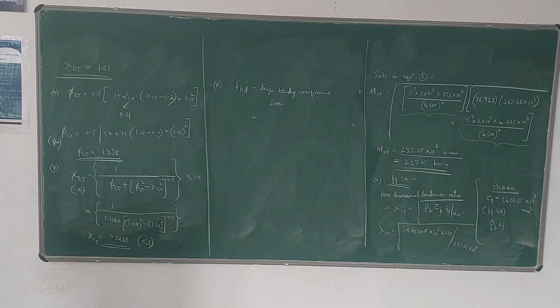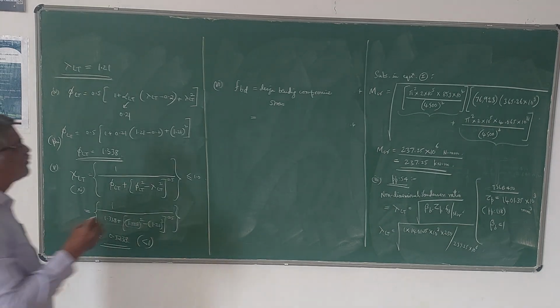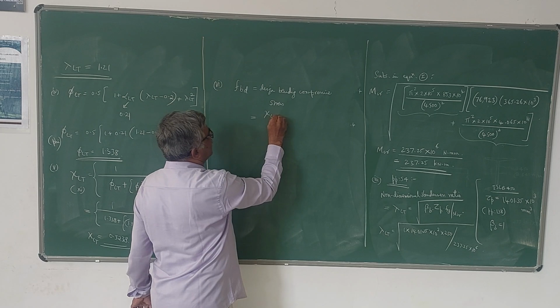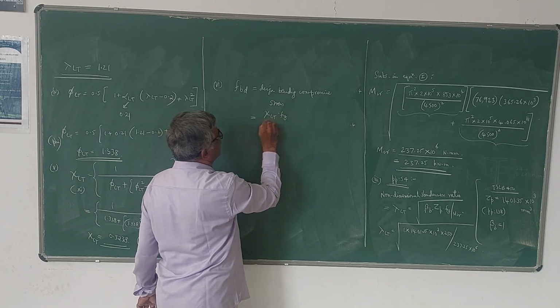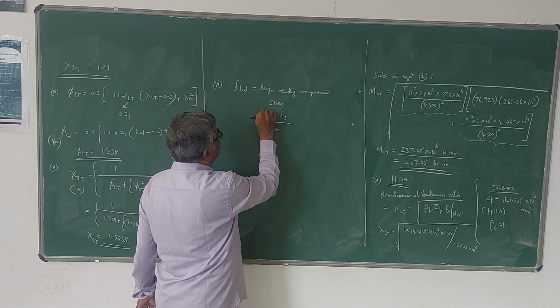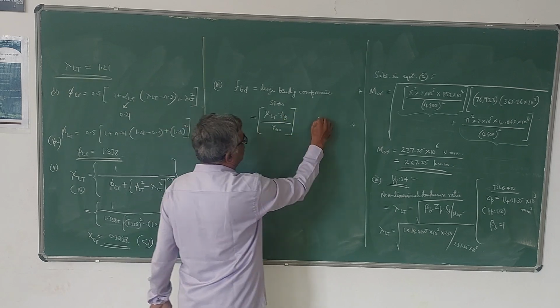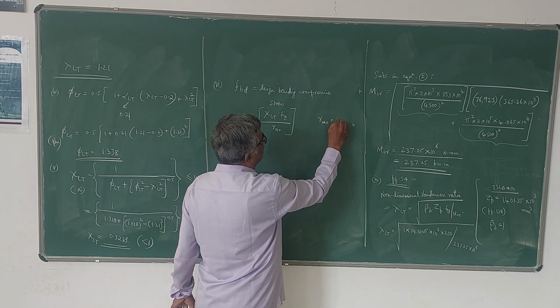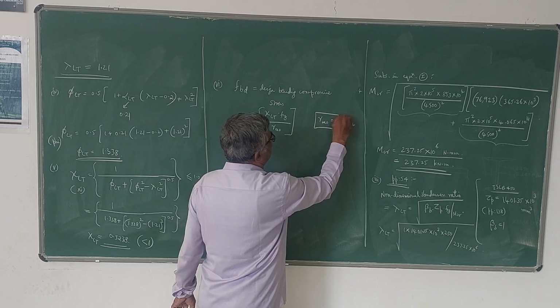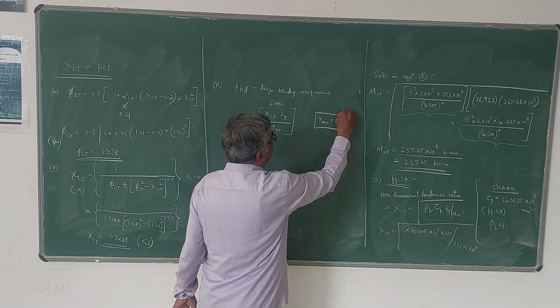FBD is equal to Xi LT into Fy by gamma m. Here gamma m means the partial safety factor, which is 1.1. Gamma m0 is 1.1.